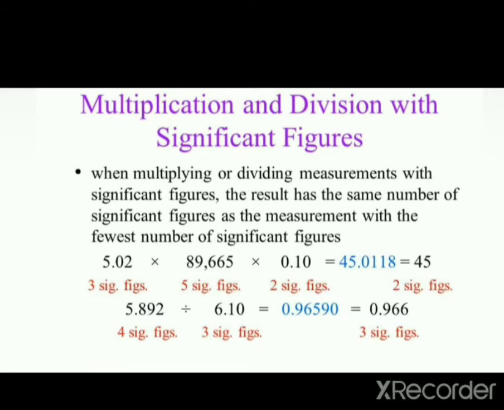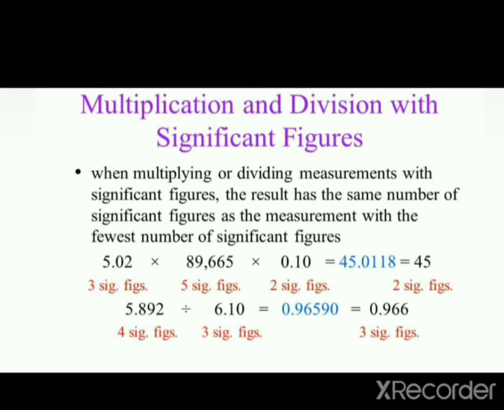In the case of multiplication and division of significant figures, the result should have the same number of significant figures as the measurement with the fewest number of significant figures. For example, let the numbers to be multiplied be taken as 5.02, 89,665 and 0.10.